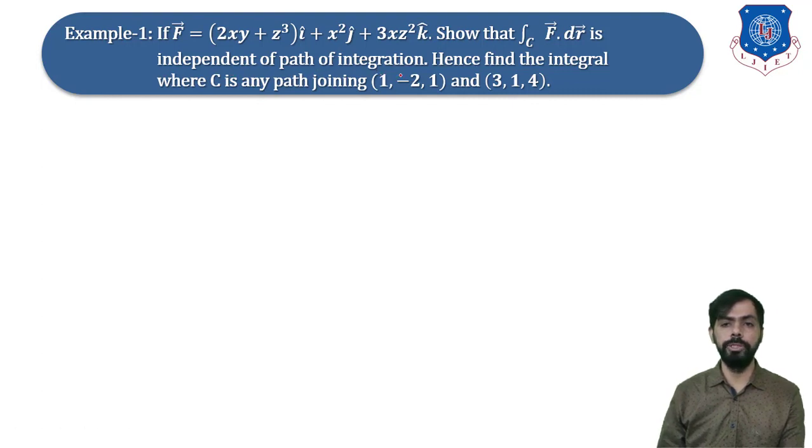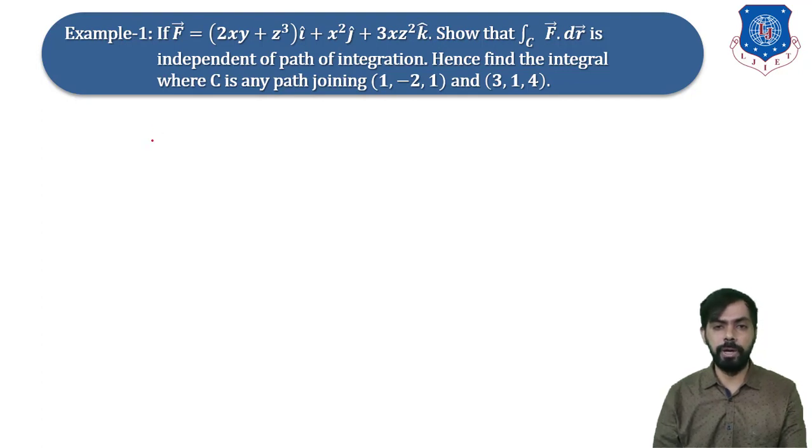To prove this, we will have to show that curl of F is equal to the 0 vector, because as we have discussed earlier in path independence of line integrals, if F is a conservative vector field, then the line integral will be independent of path. The meaning of a conservative vector field is that curl of F should be the 0 vector.